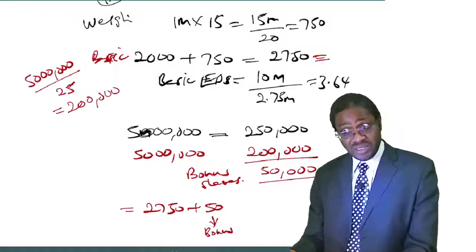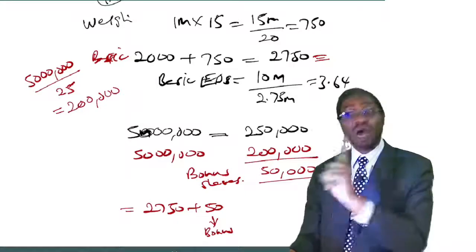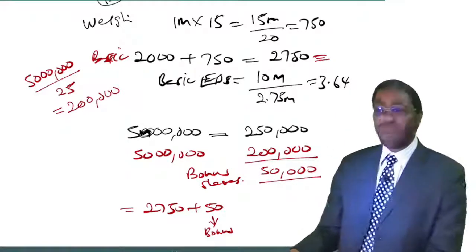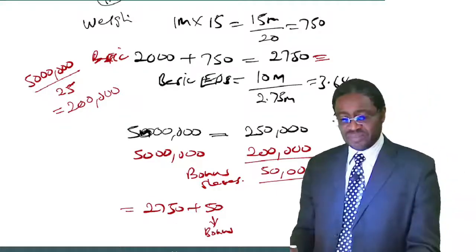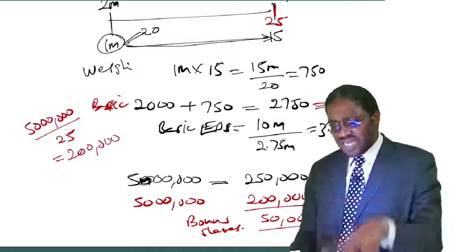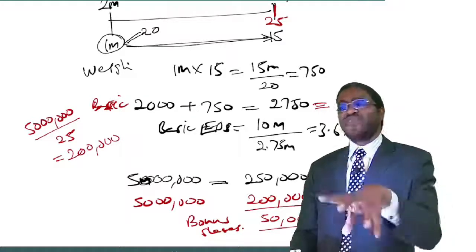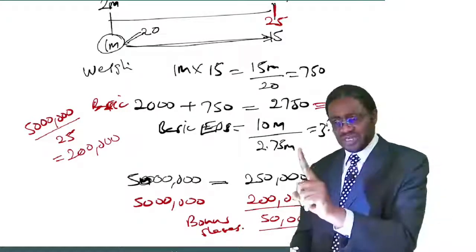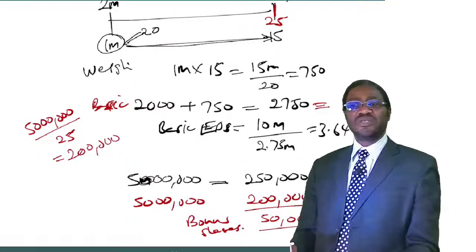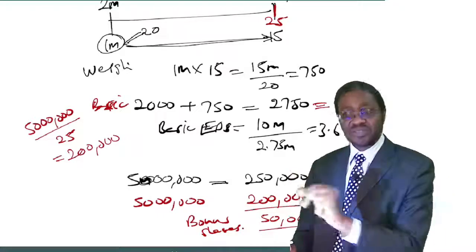And how do you get the bonus element out of the 250? We have said, the moment they bought the 1 million shares, which was in January as per the case, at that time, not all of their 1 million was participating in dividend. Only those which were considered to be fully paid. How many? 750.